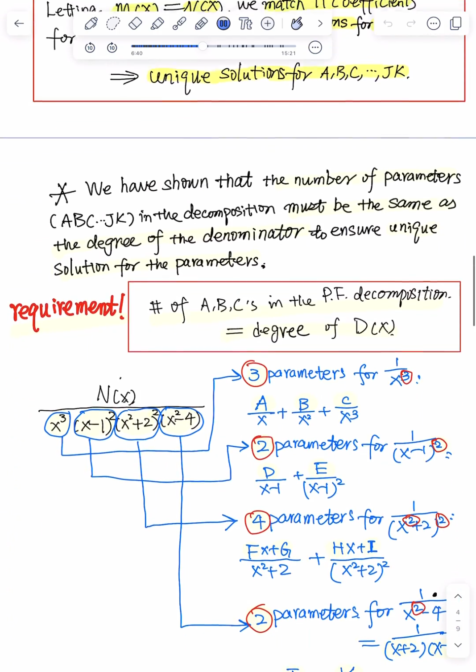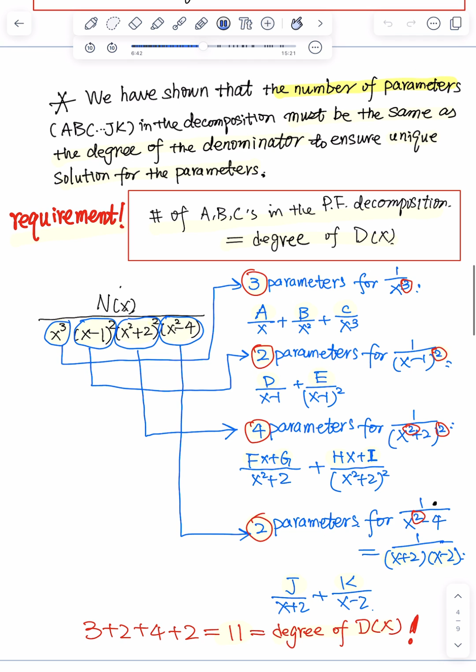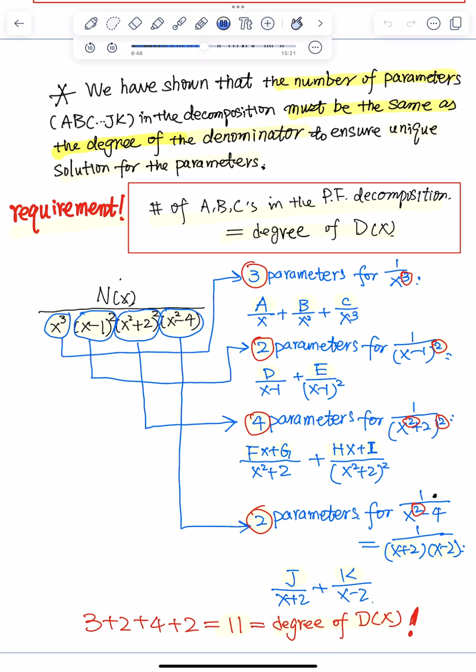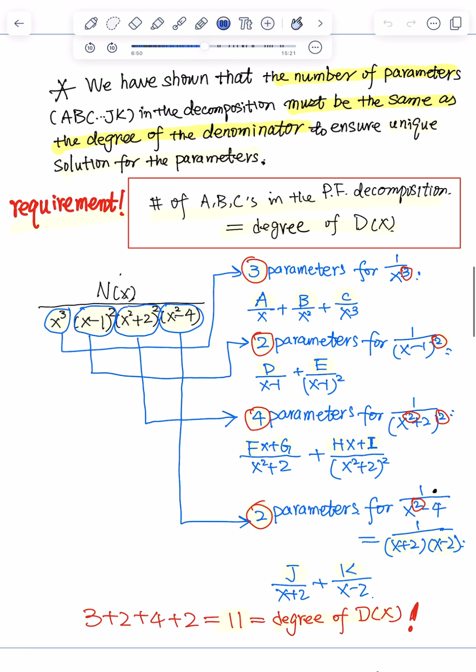So far, we have shown that the number of parameters in the decomposition must be the same as the degree of the denominator. So to ensure the unique solution for those parameters, we put this as a requirement. It's required that the number of ABCs in the partial fraction decomposition must equal the degree of the denominator.